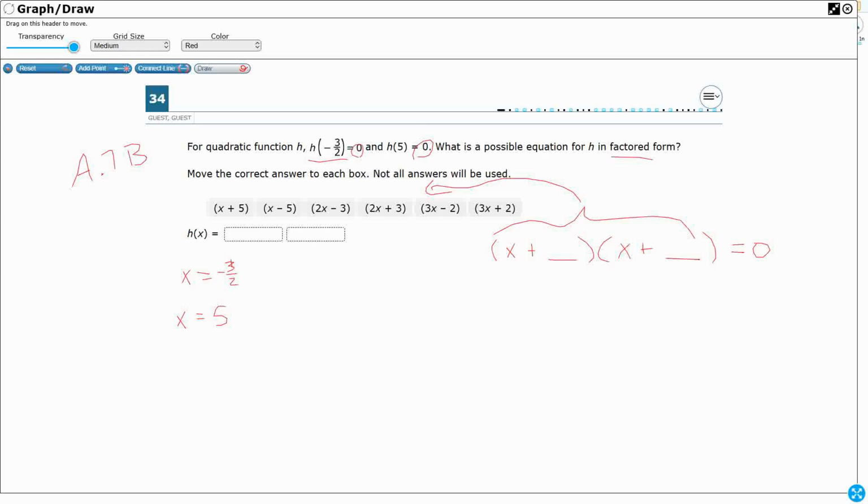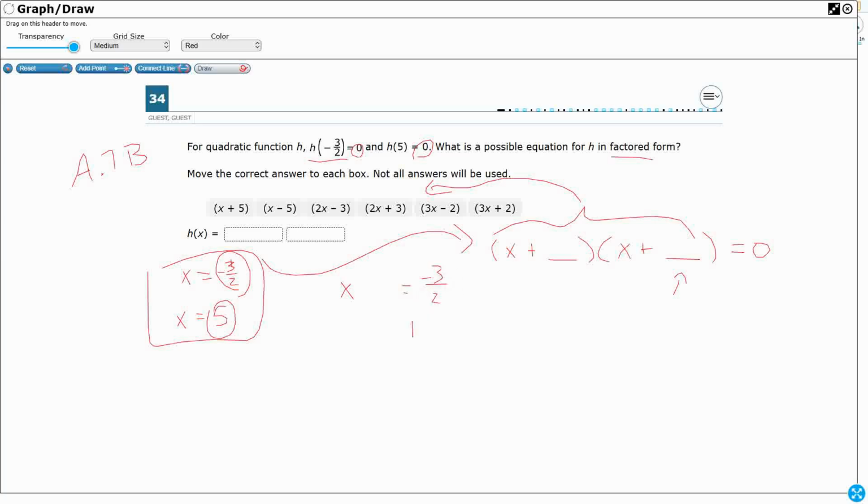Well, how do I turn this back into this? Well, remember, if I were to take an x plus something, you'd have to subtract that factor from both sides to get it equal to 0. So if I want to turn this into this, I need to get this negative 3 halves and the 5 back over on the correct side with the x. So let me show you what I'm talking about. x equals negative 3 halves.